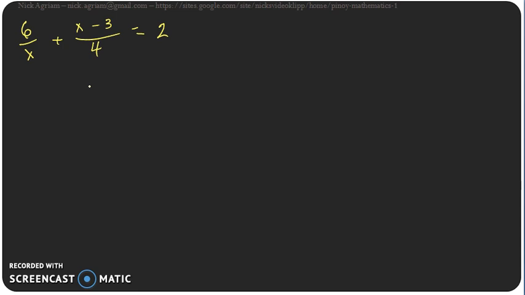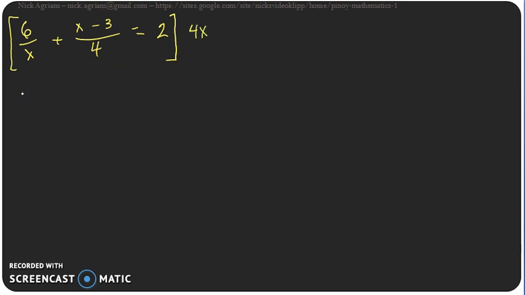Now, when it is this rational algebraic equation, what you can do is multiply both sides of the equation by the LCD, I'm sorry, least common denominator. And the least common denominator there is 4x.